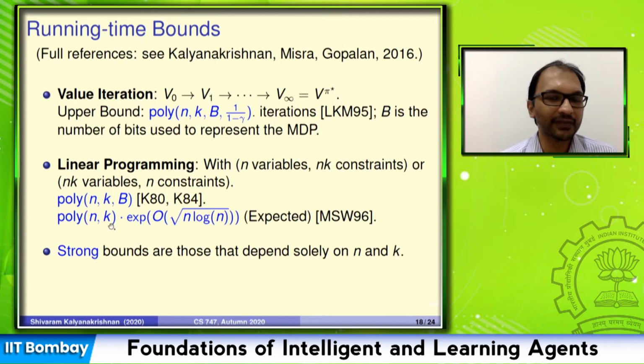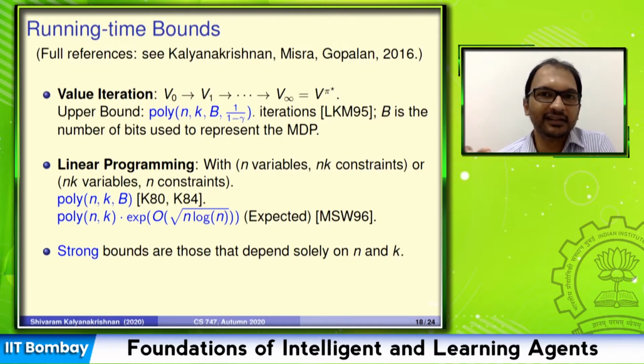So when we take our MDP and apply it through the linear programming route, it's possible to show that there is a randomized algorithm that in expectation will take polynomial in n and k times this term here, this factor being e to the square root n, or e to the c times square root n, let us say. Anything that is e to the little o of n is called a sub-exponential bound. It's not exponential because there's a square root over here. Even if this was n to the 0.9, this would be a sub-exponential bound.